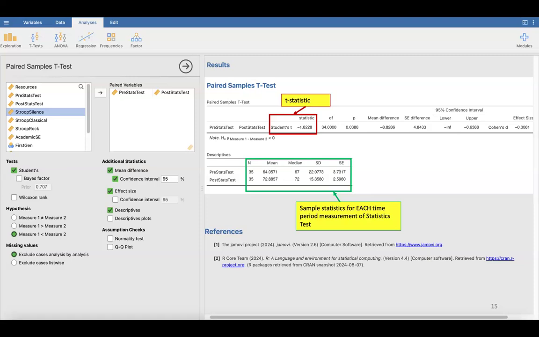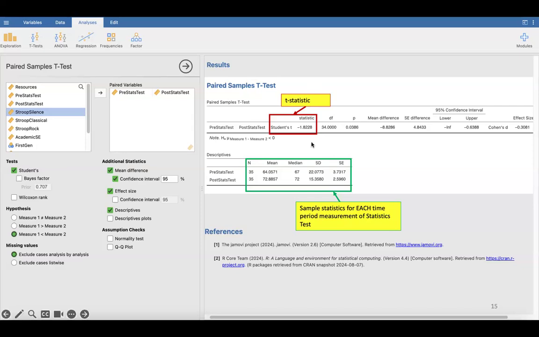If I had a larger sample size, my t-test would be larger, most likely, unless they had all sorts of different responses. But imagining that they had about the same kind of change as the rest of the people in this data set, we would expect that our test statistic would actually be a bit larger. And you can see that by looking at a t-distribution, if you have a table with t-scores and degrees of freedom from previous stats classes.